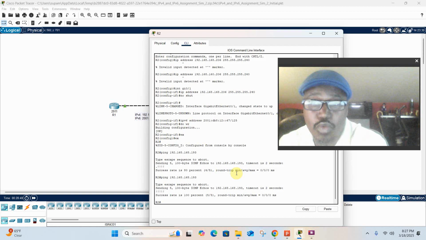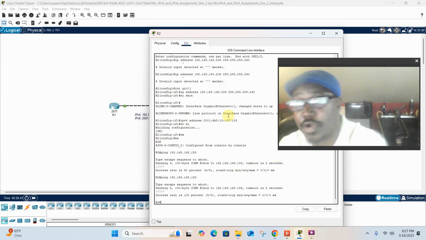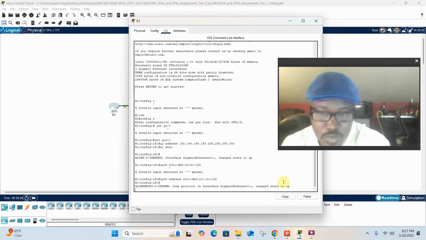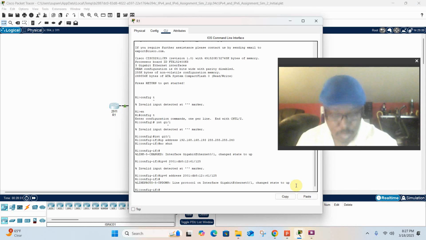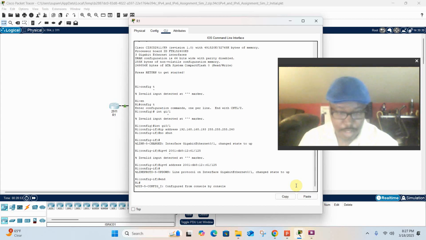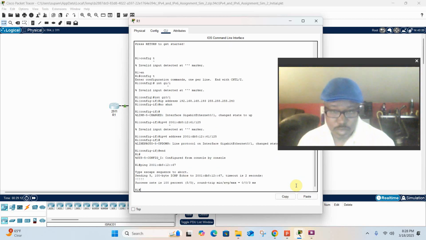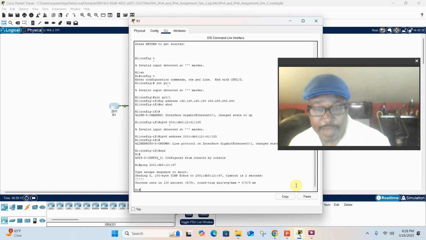Now we're going to go back over to R1 and ping R2's IPv6 address. Exit takes us out of config mode, and now we're back in enable mode. Ping 2001:DB8:12:61::67. And we're good. We got 5 out of 5.